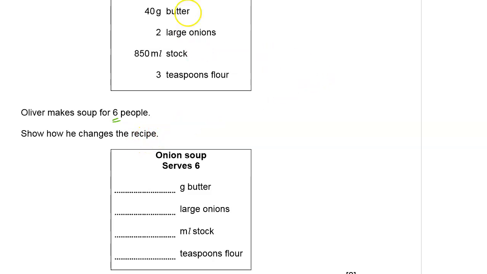Of course, for 4 people he needs 40 grams of butter. What about for 6 people? You cross multiply. So 6 times 40 divided by 4 will give you 60 grams. So he'll need 60 grams of butter.